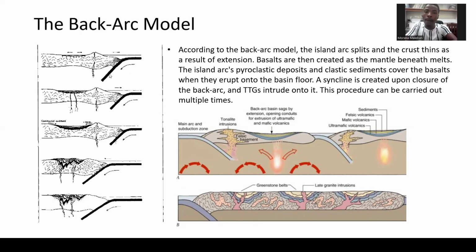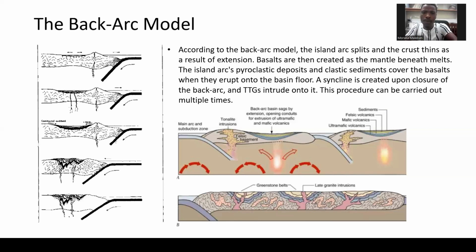As this oceanic crust was subducted, flux melting occurred, and we formed these island arcs. Now, with time, these island arcs would undergo splitting and extension.